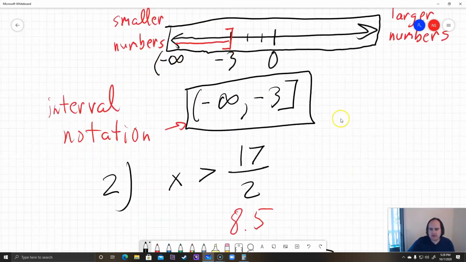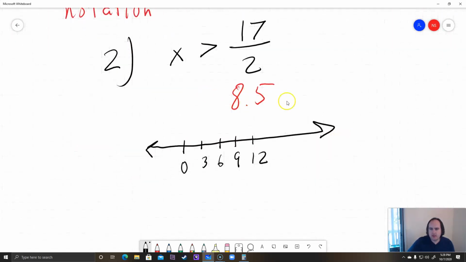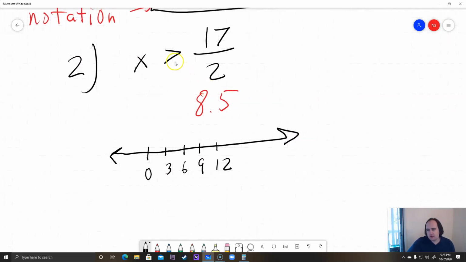So we're going to have a parentheses at 8.5, and then greater than goes to the right. 8 is right there, and then we have a parentheses at 8.5 between 8 and 9. Greater than goes to the right, because larger numbers are on the right side. So that's going to be our graph.